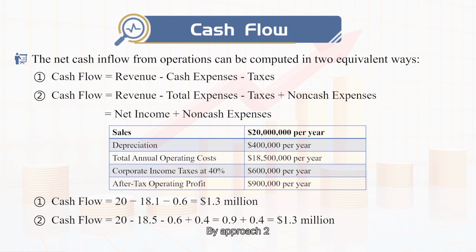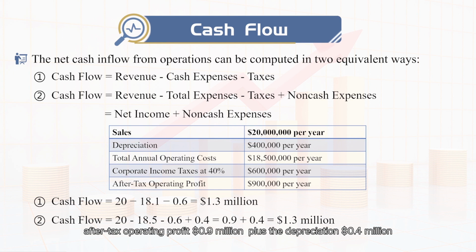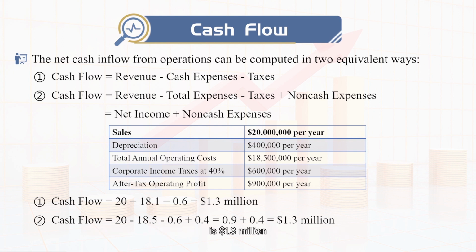By approach 2, the cash flow is also equal to net income plus the non-cash expenses, that is, after-tax operating profit $0.9 million plus the depreciation $0.4 million, which is $1.3 million. Therefore, the two approaches always result in precisely the same estimates of the net cash flow from operations.